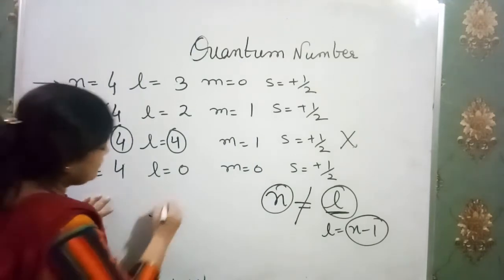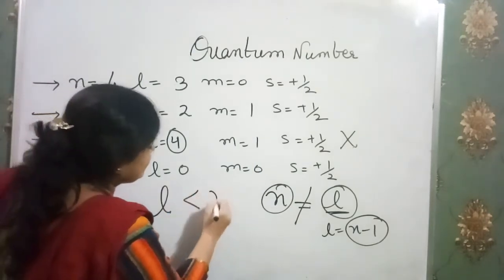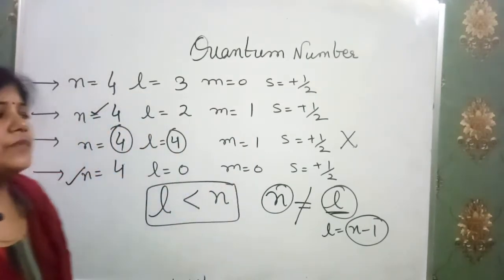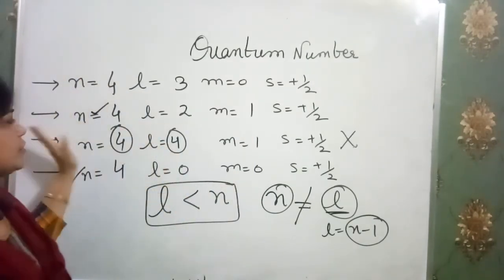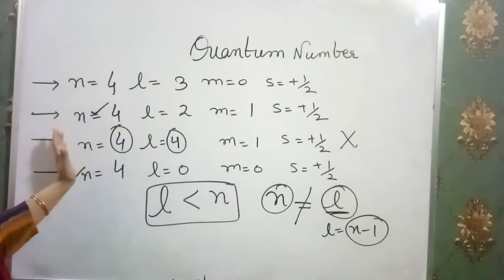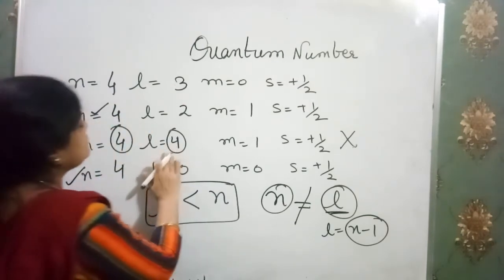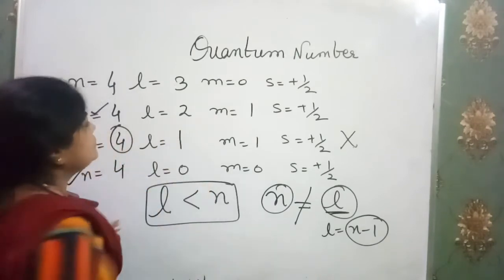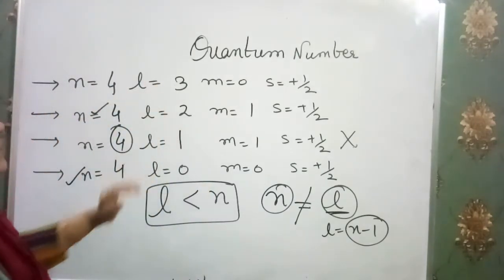It means that the value of L must be less than the value of n. Okay? And if, for example, we have 1 here, both the conditions are true.